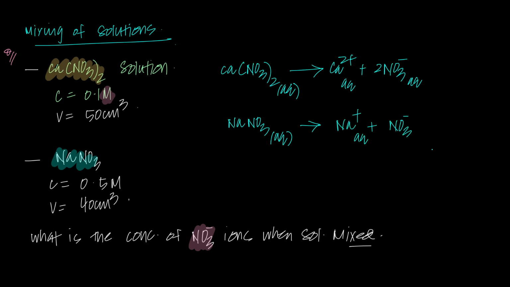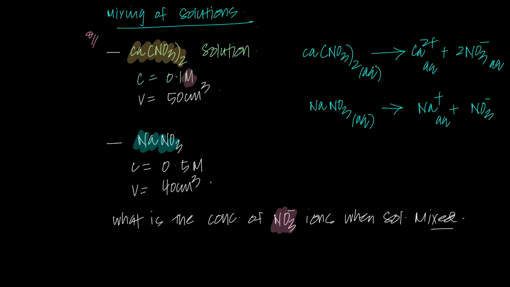So what were the steps that we learned? Step number one was to find the moles of nitrates in the individual solutions. We use our relationships to jump from calcium nitrate moles to nitrate moles, and from sodium nitrate moles to nitrate moles.